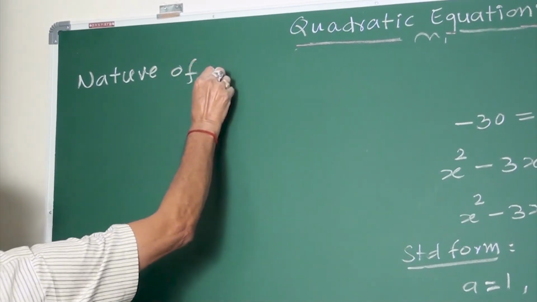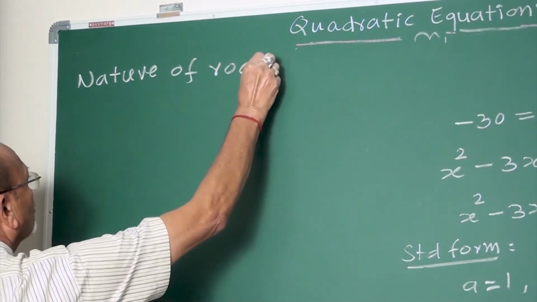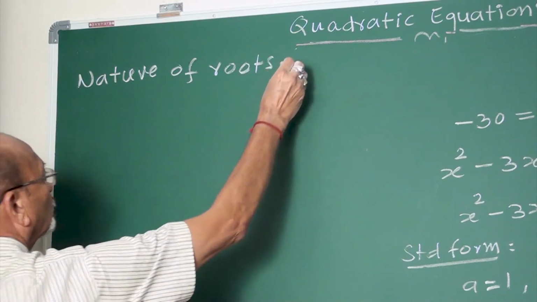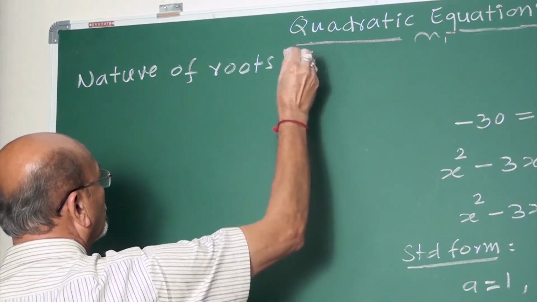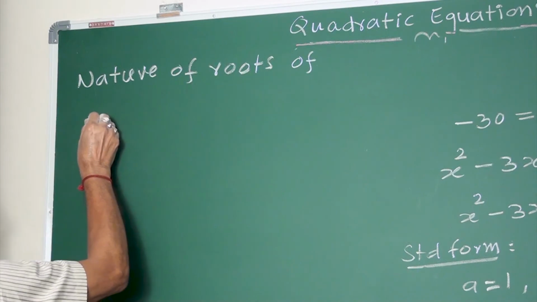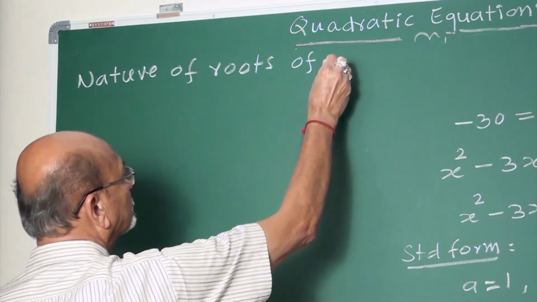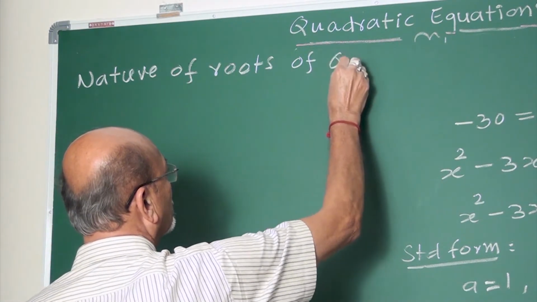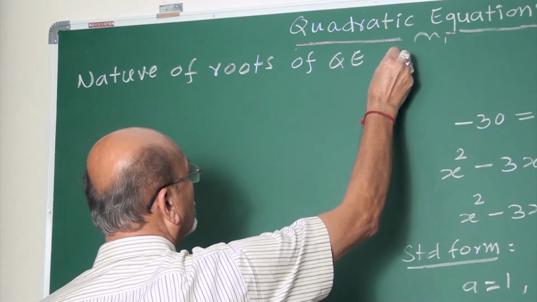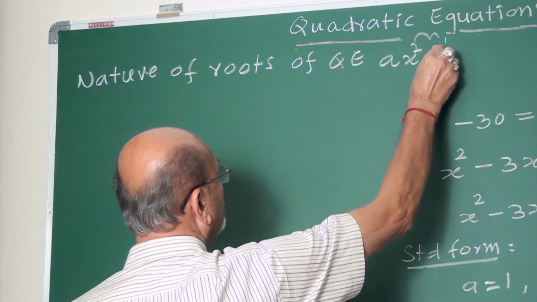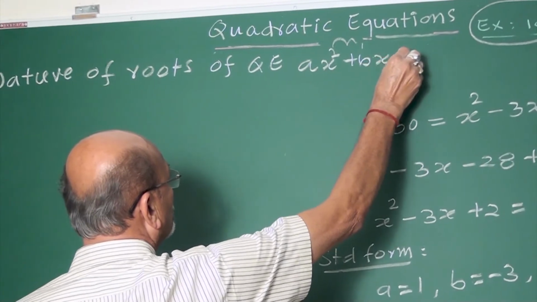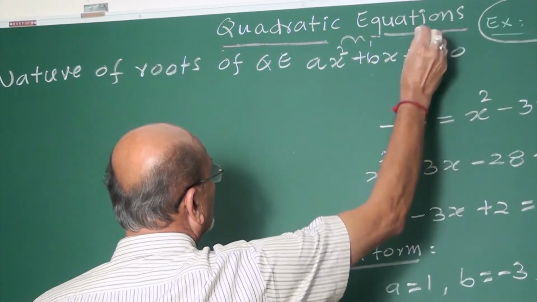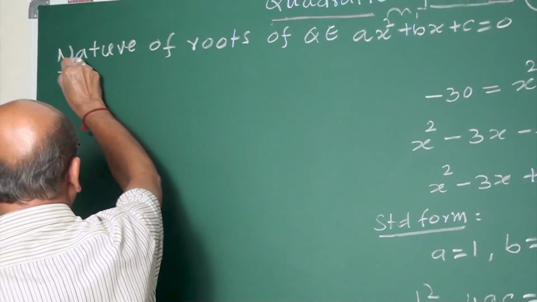Nature of roots of quadratic equation ax square plus bx plus c equal to 0. Yes, friends, or you can write simply nature of roots.